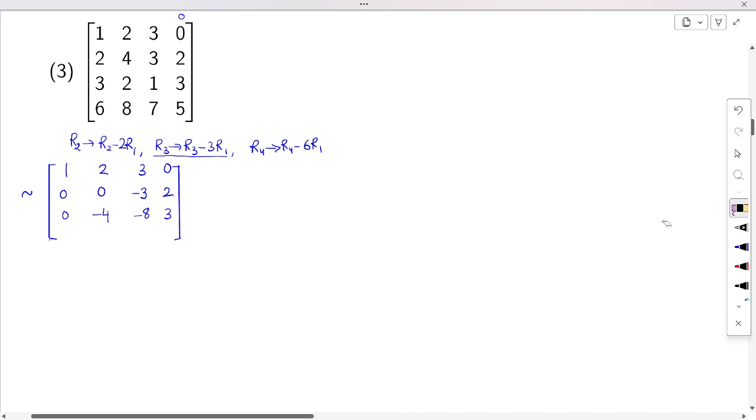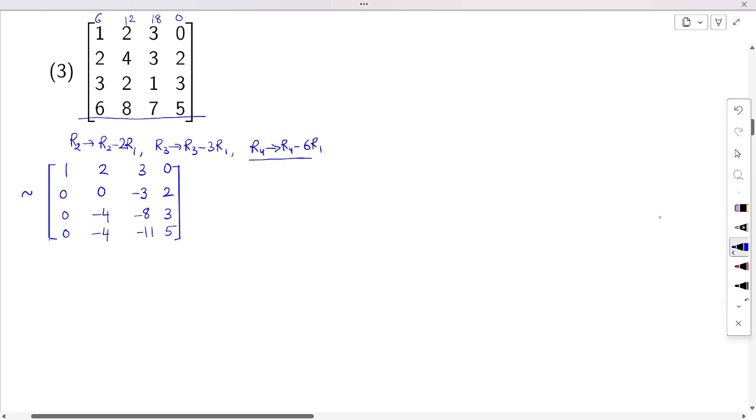Now applying the last operation, multiplying row 1 by 6, it becomes 6, 12, 18, and 0, and subtracting it from row 4, it becomes 6 minus 6, 0, 8 minus 12 is minus 4, 7 minus 18 is minus 11, and 5 minus 0 is 5.